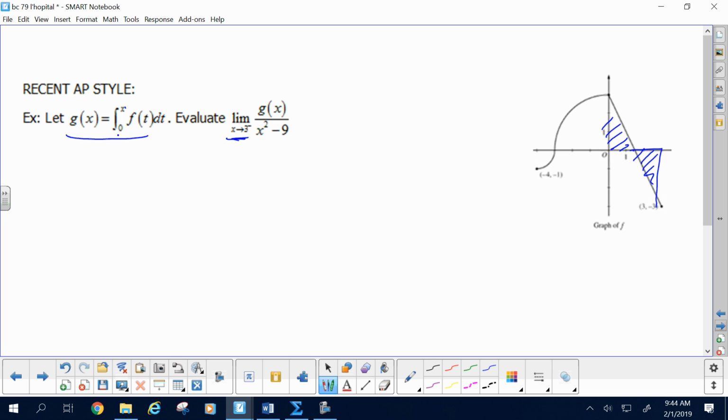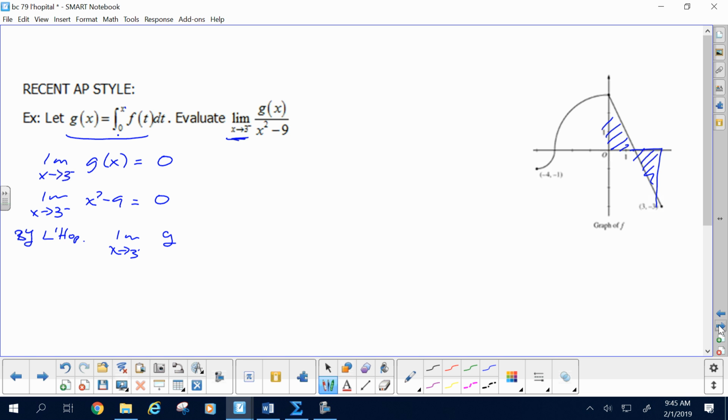We should start by saying, all right, the limit as x goes to 3 from below of g of x is 0. The limit as x goes to 3 from below of x squared minus 9 is 0. And so by L'Hopital's rule, the limit is equal to the limit of the derivatives.